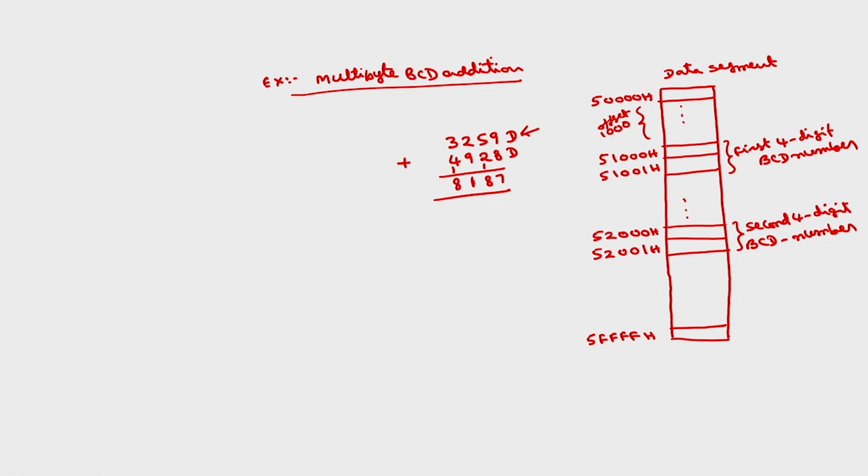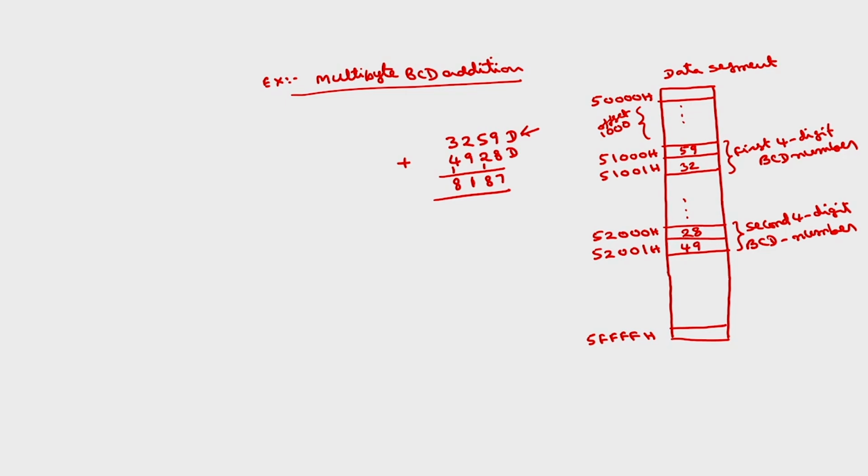If I take this example, this can be any data. So, this 59 will be here, 32 will be here, 28 will be here, and 49 will be here.